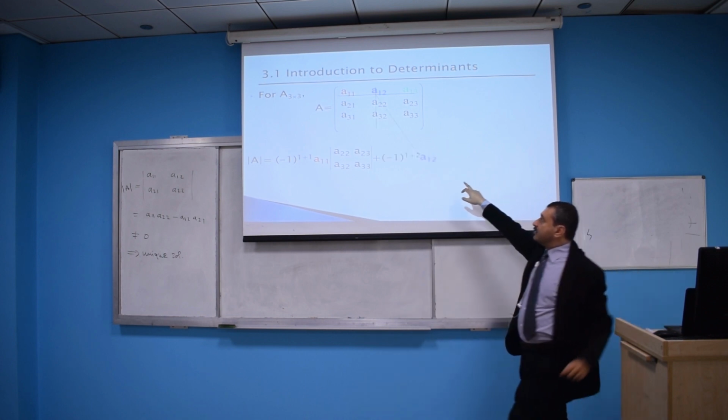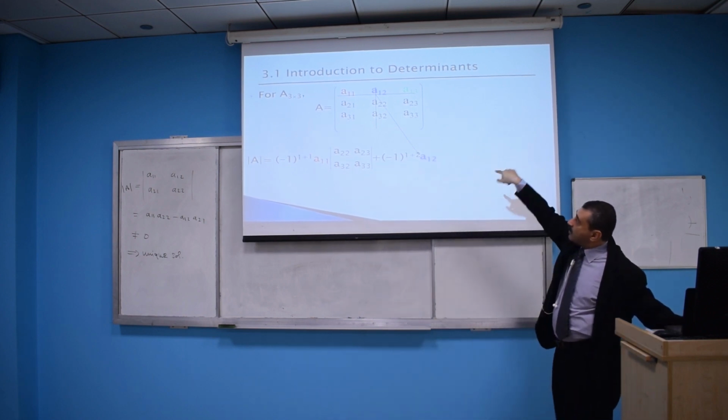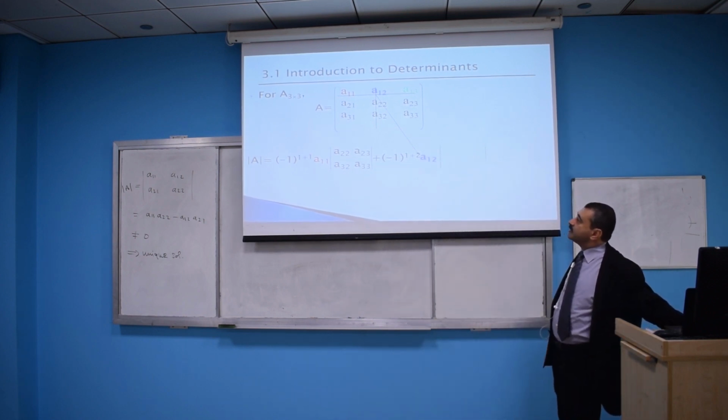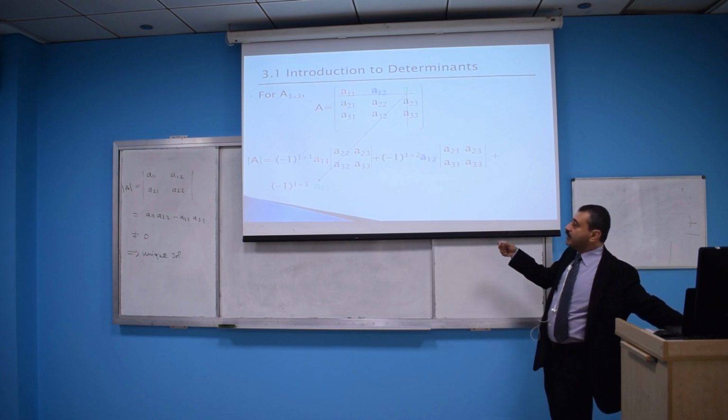Take the second entry, A12, I'll talk about the sign later, multiplied by the remaining minor determinant. And then A13. What I'm doing here is called expansion using the first row entries. For each entry I multiply the entry by a minor determinant. Okay?